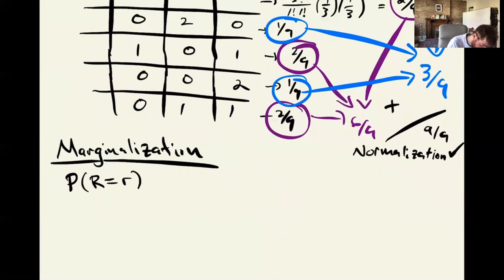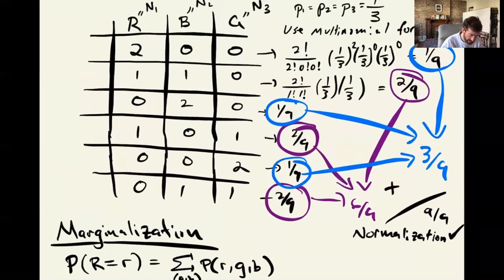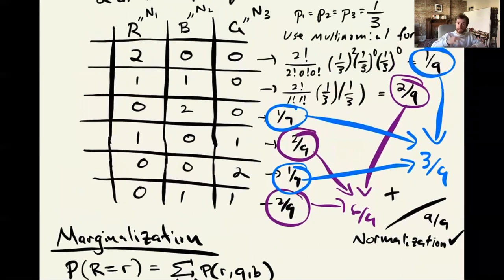Well, if I follow marginalization, this says that I can just sum over my green and blue possibilities of this joint distribution, which is effectively what I've written in this table here, but I've just stacked them right below each other instead of trying to do this sort of cube that I did earlier.